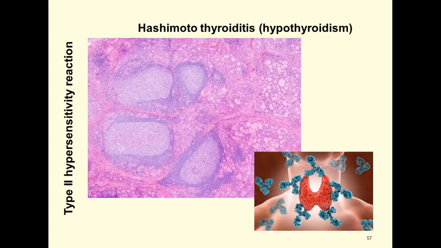So, in other words, deficiency of the function of the thyroid gland. So please remember about Hashimoto thyroiditis and Graves' disease. They are completely different diseases because they have different mechanisms of the second type of hypersensitivity reactions.